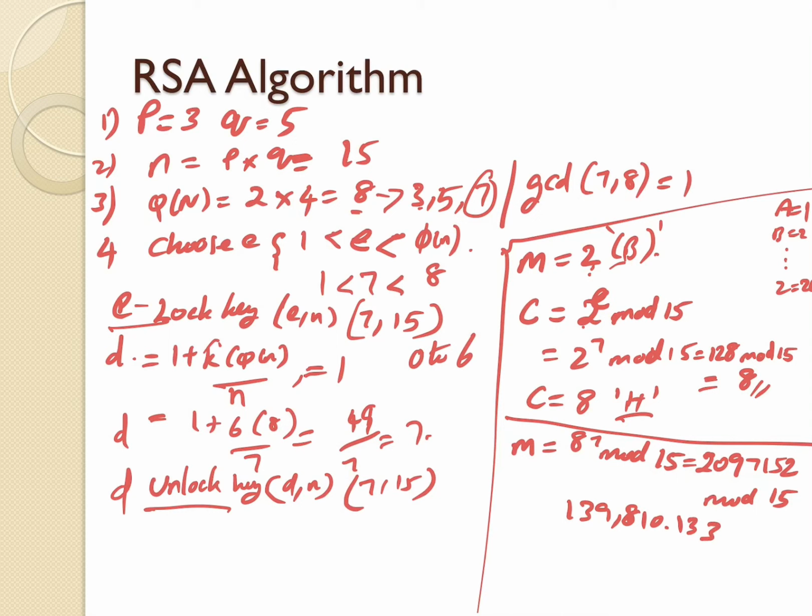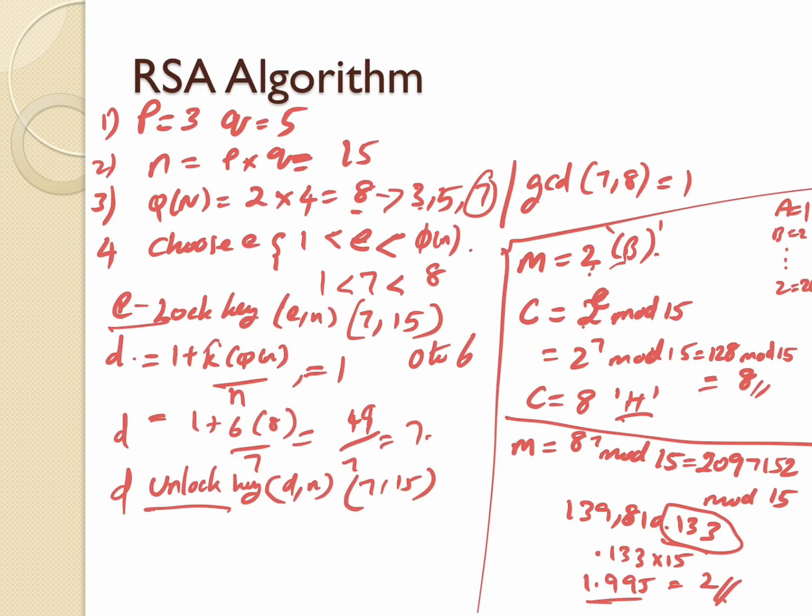In order to find the remainder, we need to multiply 15 by this decimal number. So 0.133 times 15 comes to 1.995. You can round it off to 2.